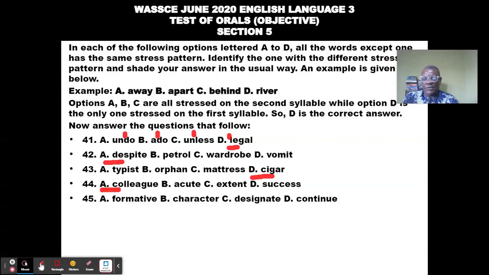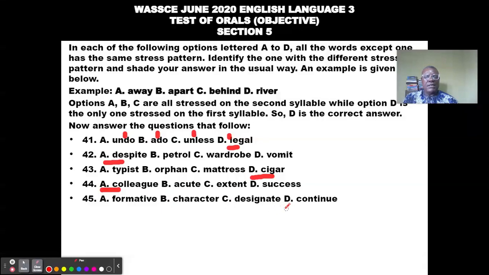Now question number 45. A is formative. B is character. Now here stress is on the first syllable. In B, character, stress is on the first syllable. C, designate, stress is on the first syllable.